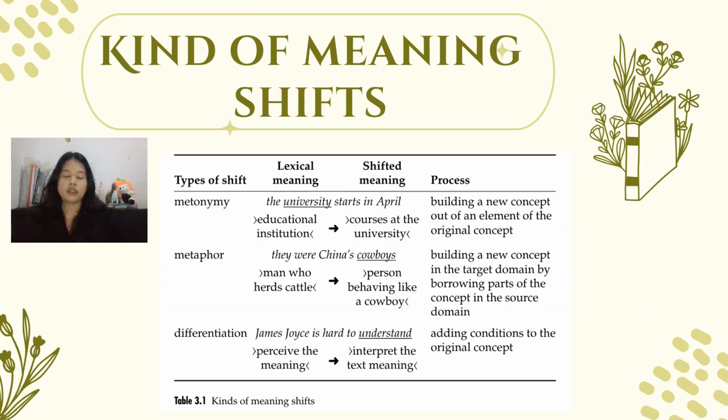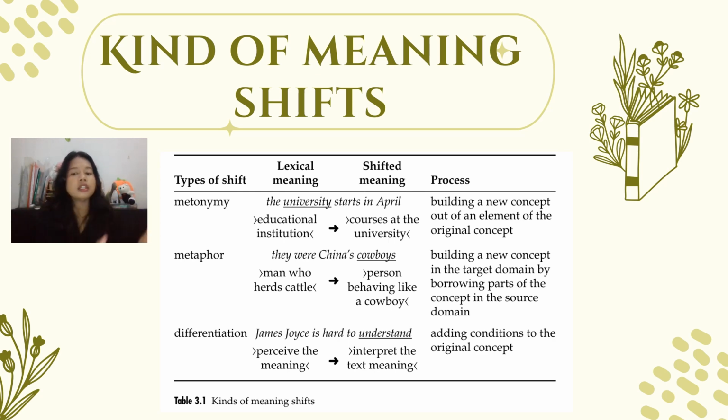Next is meaning shift. Here are the pictures, and they show the types of shift: lexical meaning, shifted meaning, and the process. The first we have is metonymy. The university starts in April. The term university in lexical meaning means educational institution, but in the shifted meaning it means courses at the university.